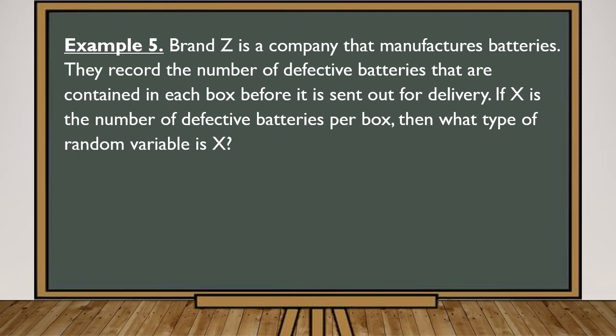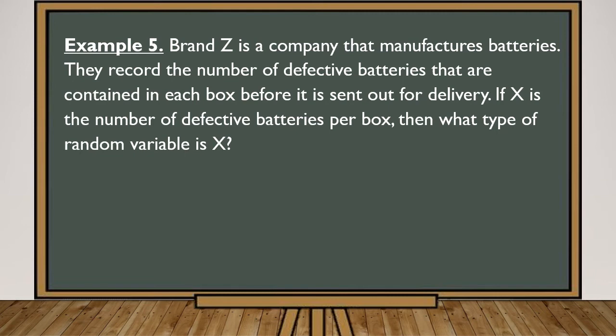As a short background, if you're the owner of a company, you want to make sure of the quality of the batteries. So there is quality assurance before sending to customers, checking if any are defective or not functioning. So it is checked before it is sent out for delivery.